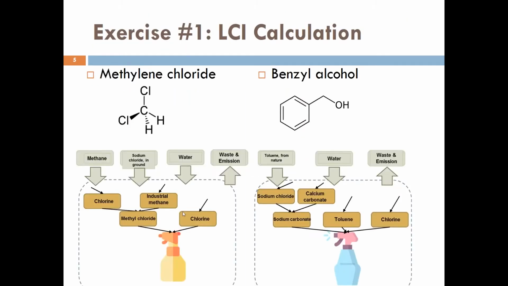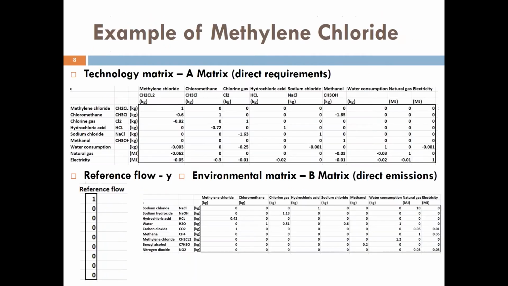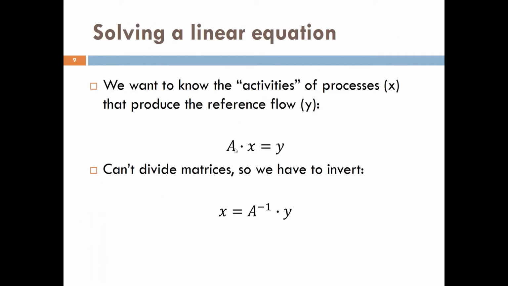What is escaping from this whole system is a kilogram of methylene chloride. All the rest should have been consumed by other processes to produce 1 kilogram of methylene chloride. So the net output of this entire system is 1 kilogram of methylene chloride. And that is what is shown here. What this equation is saying is, produce all those chemicals and give me the net output of 1 kilogram of methylene chloride. Yes?